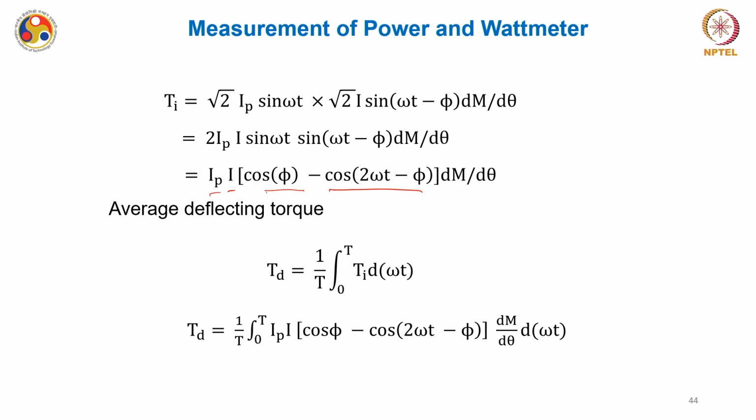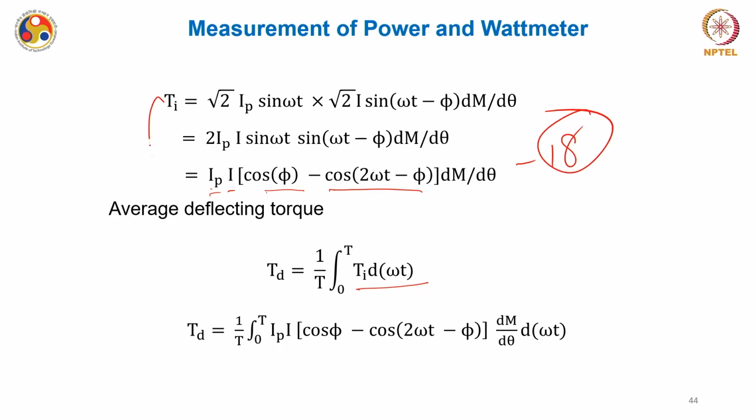Now the average deflecting torque Td is equal to 1 by T integration from 0 to T of Ti into d omega t, the instantaneous value of the torque into d omega t. I am calling this equation 18.